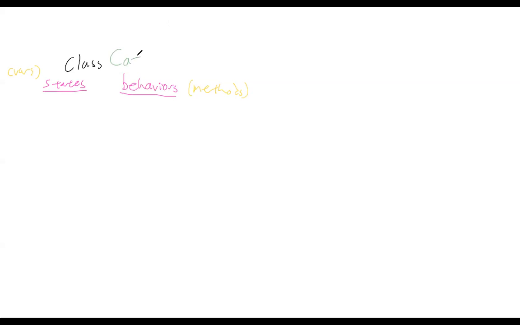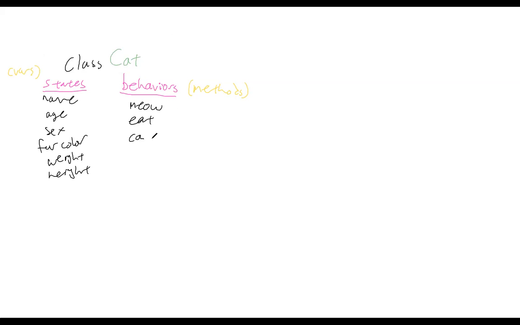We'll stay with the cat example. Under states, we said it had a name, age, sex, fur color, and then we'll say weight, and we'll say height to be thorough, right? Our cat's got all these things.